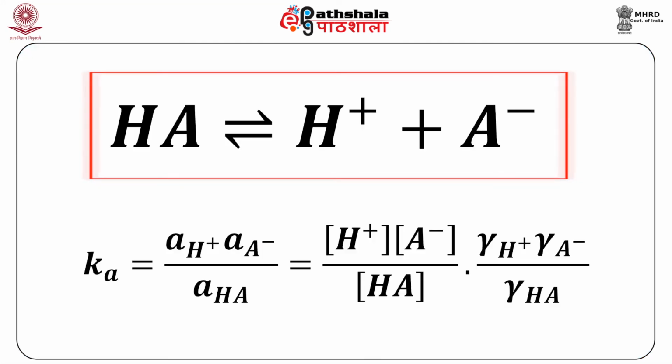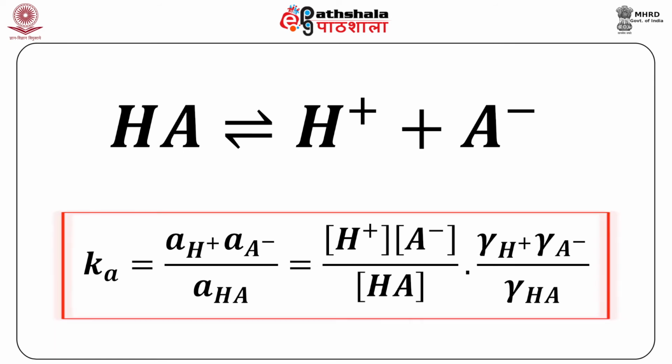The dissociation of this acid is given by the equation HA giving H plus plus A minus ions, and the dissociation constant Ka for this reaction in terms of activity coefficients and concentrations is given as concentration of H plus into concentration of A minus in the numerator, upon concentration of the weak acid HA in the denominator, into gamma H plus into gamma A minus divided by gamma HA.